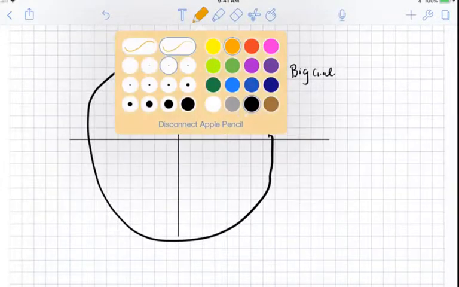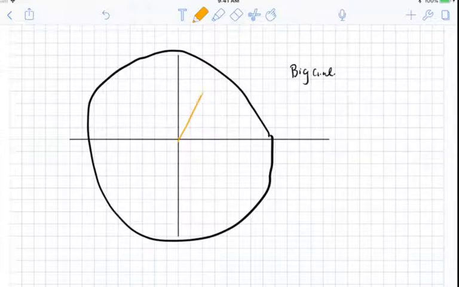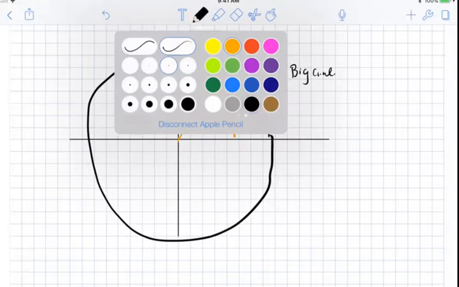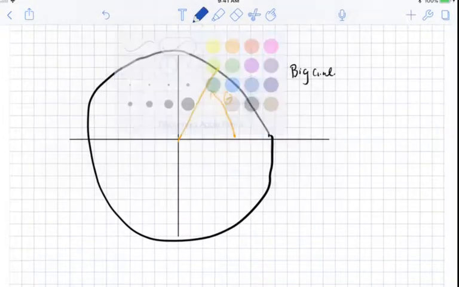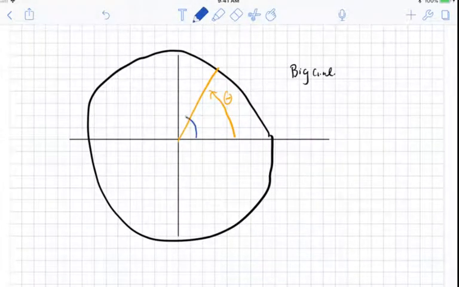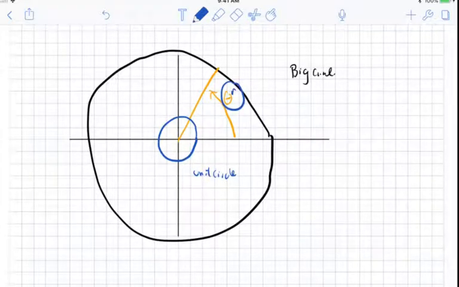And then suppose I want to describe the angular position of this location. What I do is, in radians rather, I draw the unit circle in the center. The angle in radians is the length of the unit circle between these two.